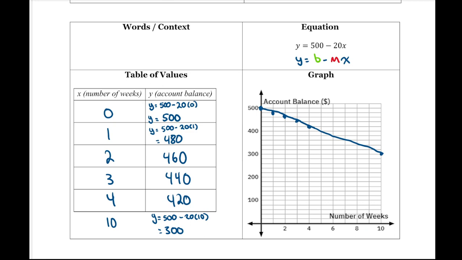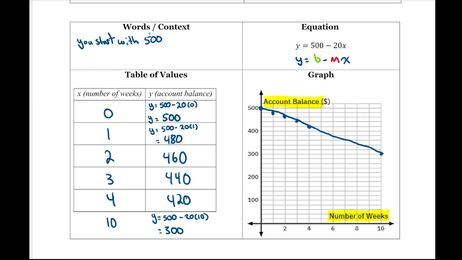Now, in terms of the words or the context of the situation, that's actually taking this and putting it into words. Similar to how when we would take an equation or a rule and turn it into a visual pattern, we're going to take this and turn it into words. So we know we're dealing with account balance and number of weeks. So you could have something like, you start with, and again, we know our starting value is 500.